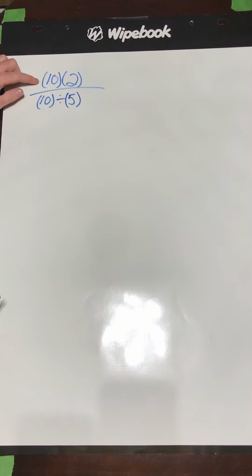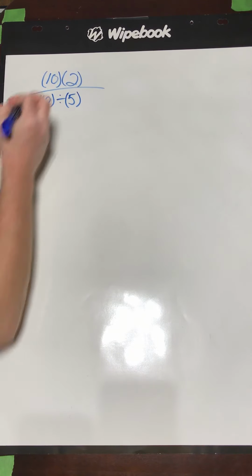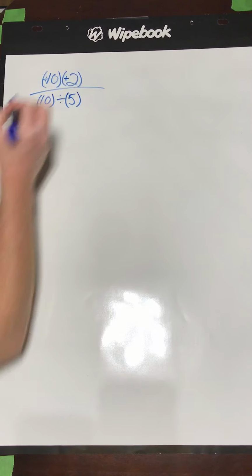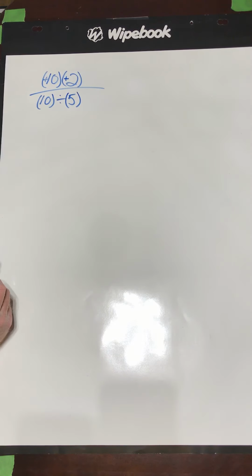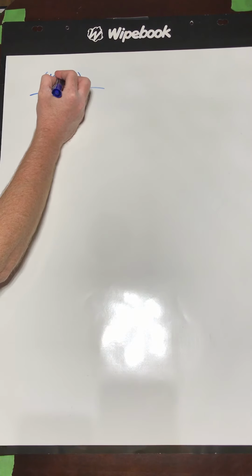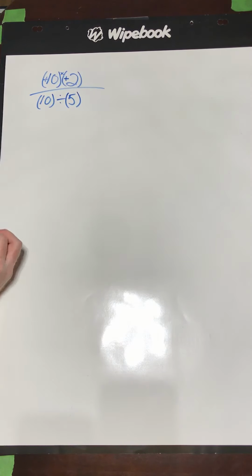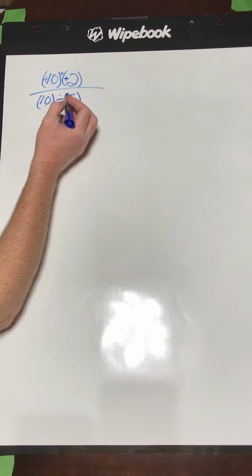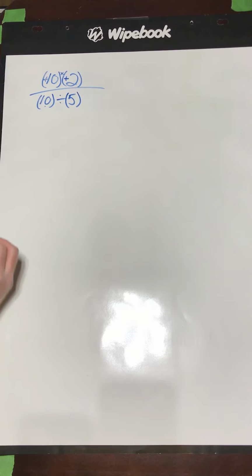Here I have 10, which we can also put positive if we want. Sometimes there's not a positive there, but if it's not there, it's assumed that it's positive. So we have 10 times +2 in the numerator divided by 10 divided by +5 in the denominator.